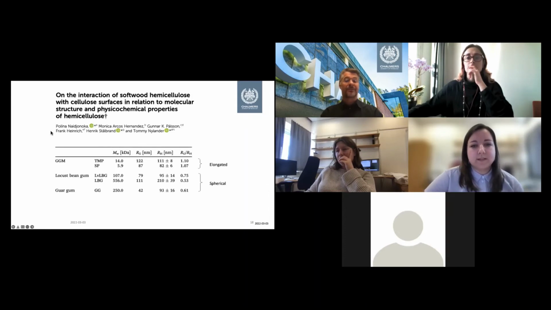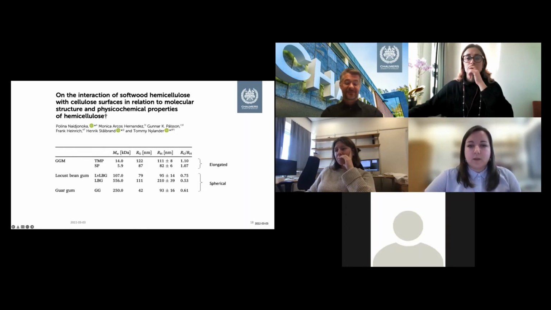So this is one of the examples of the results that you could obtain with light scattering. In this study, we measured galactoglucomannan, which is a softwood hemicellulose, and we compared it to well-known galactomannans like locust bean gum and guar gum.